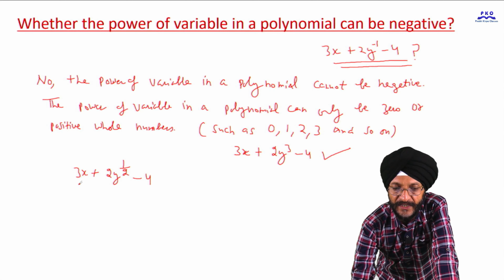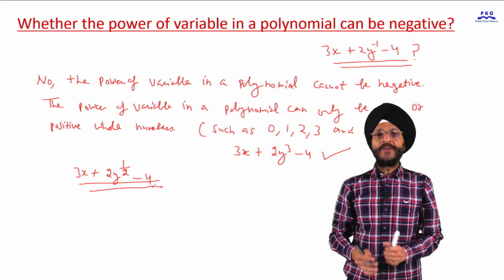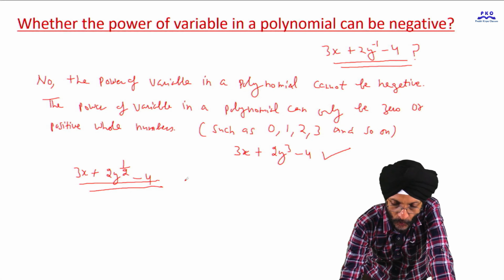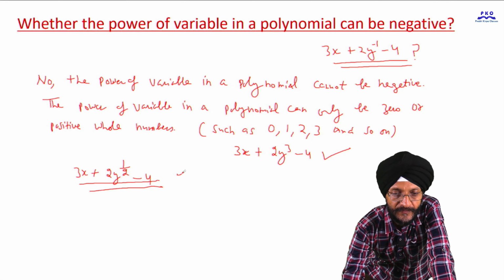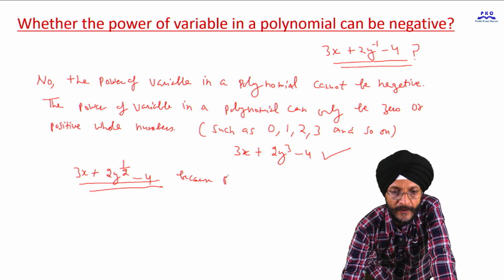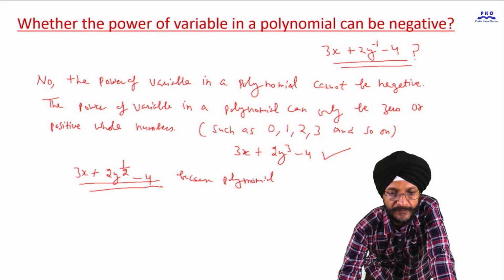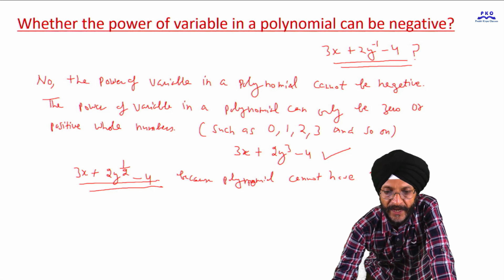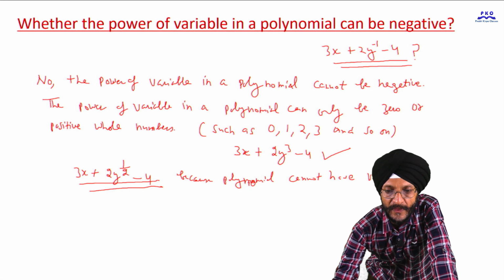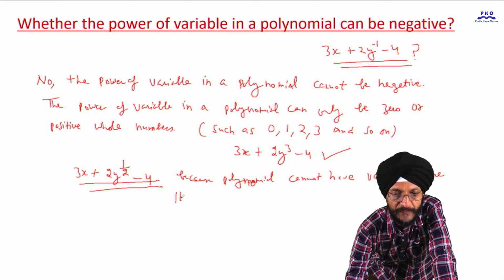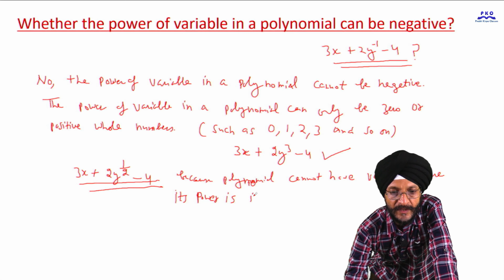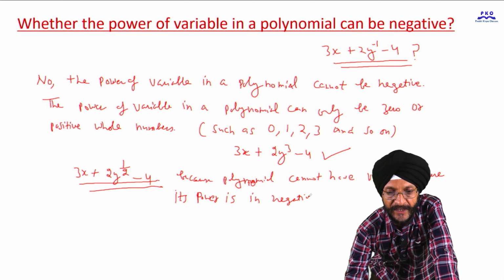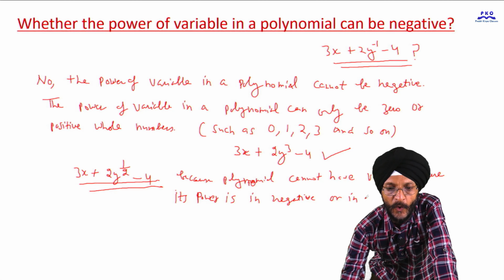We cannot regard it as a polynomial. Why? Because a polynomial cannot have a variable where its power is in negative or in fraction.